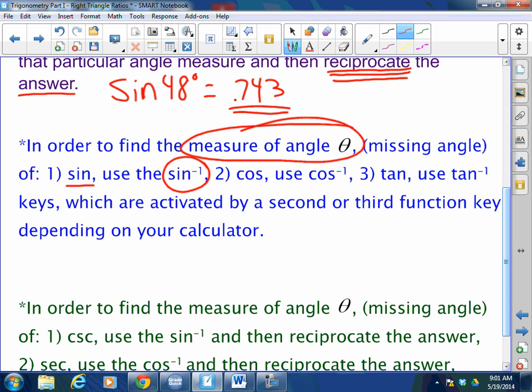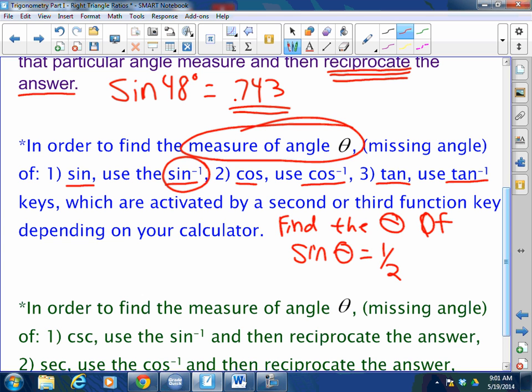Okay, good. So, for sine, use the inverse sine. For cosine, use the inverse cosine. For tangent, use the inverse tangent, which are activated again by a third or second function key depending on your calculator. Let me give you an example. I want to find the angle measure, the theta of the sine of some theta equals 1/2.